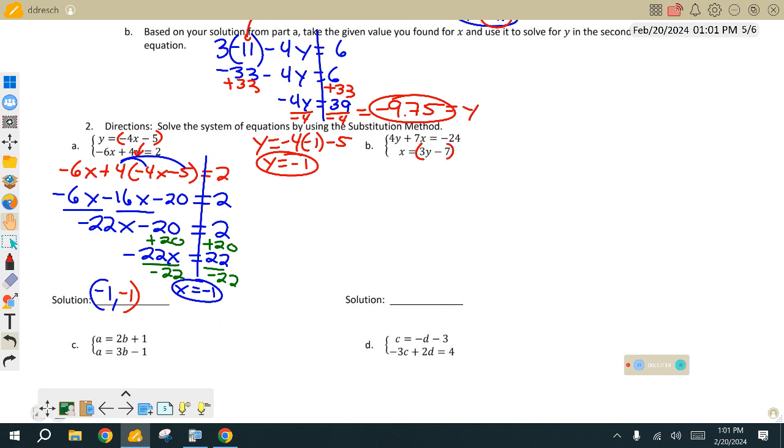So, on this one, because this one says x equals, when I draw my arrow to the top equation, where am I drawing my arrow to? Behind the 7, because why? This one said x equals. So I'm going to bump out the x this time. That's why the x is going away this time.